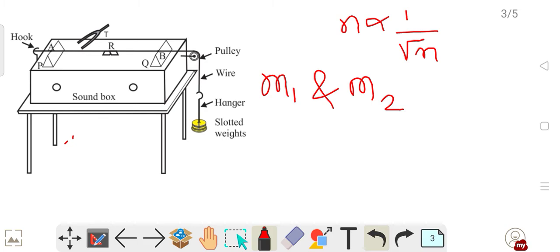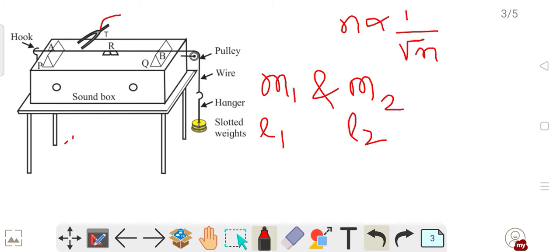The vibrating length was L1. Using the same fork, the second wire is made to vibrate under the same tension, and the vibrating length L2 was determined.